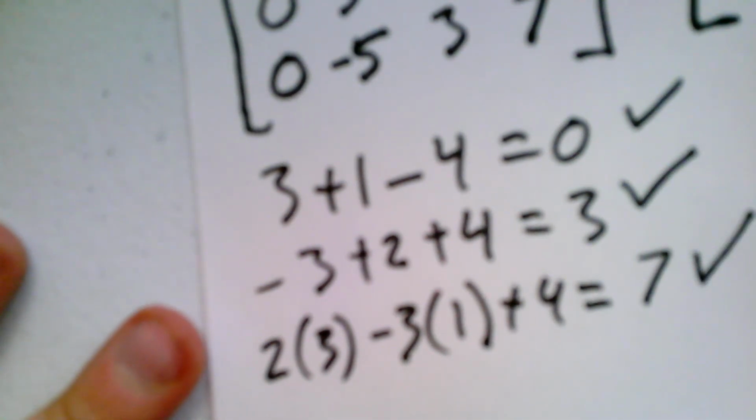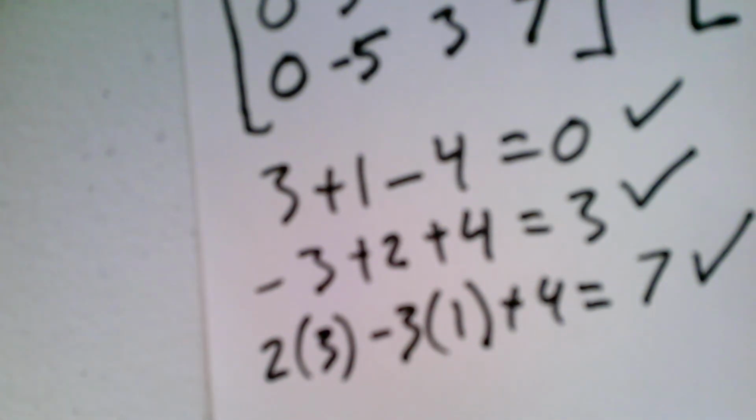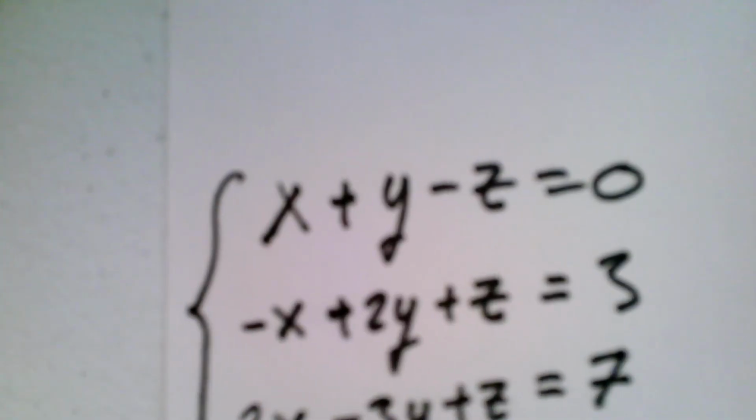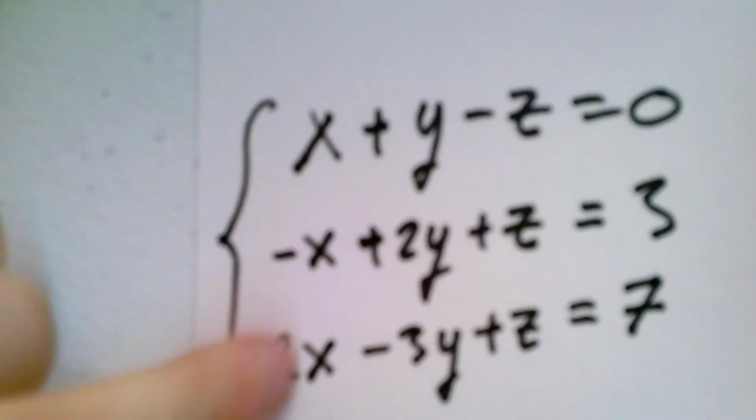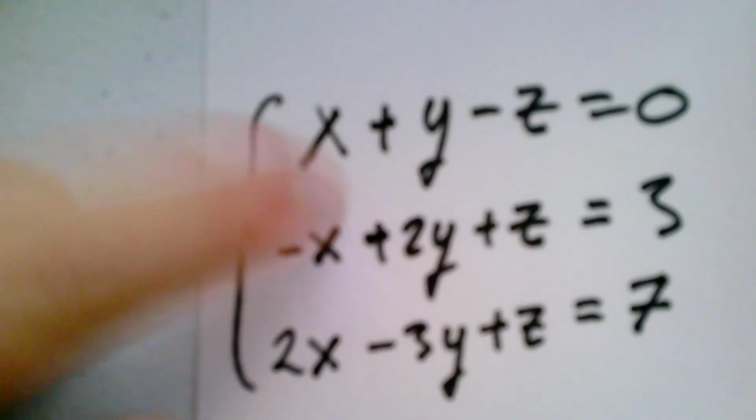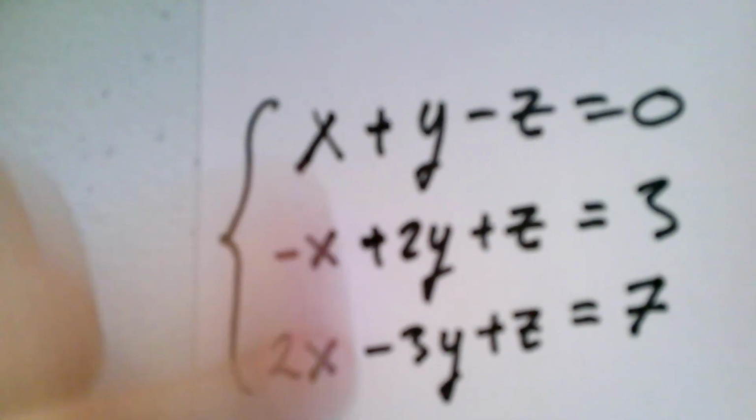So from that, maybe we haven't proved that matrices solve the same problems that linear systems solve, and maybe we haven't proved that this will work all the time, but at least in this particular case, we feel confident that this matrix method got us an answer that satisfied these three equations. It got us what we were looking for, which is the solution to these three equations.